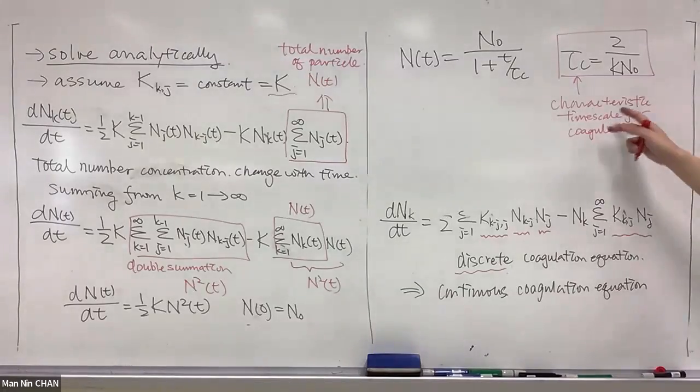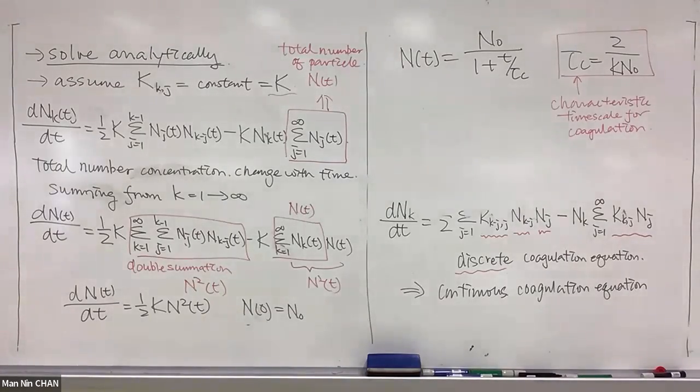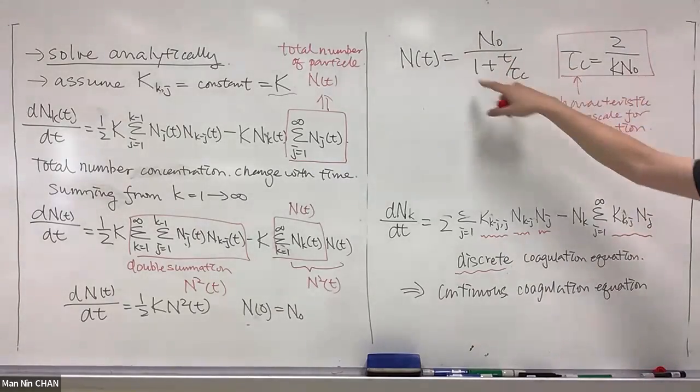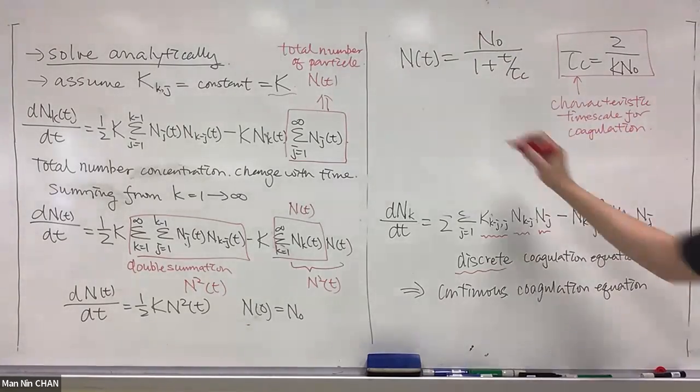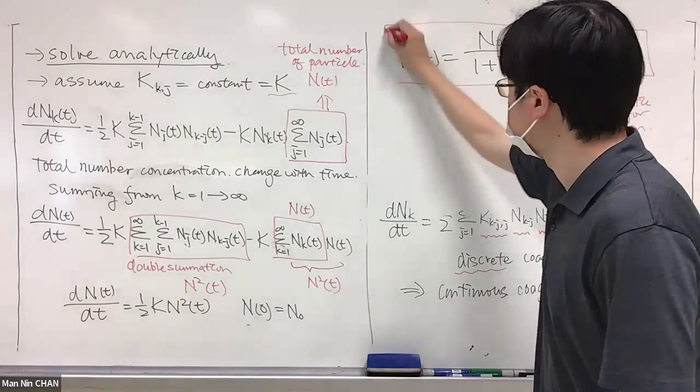Remember, tau c means the time required to reduce to 50% of your initial number concentration. And then this will show you how your number concentration changes with time. So we have this expression.